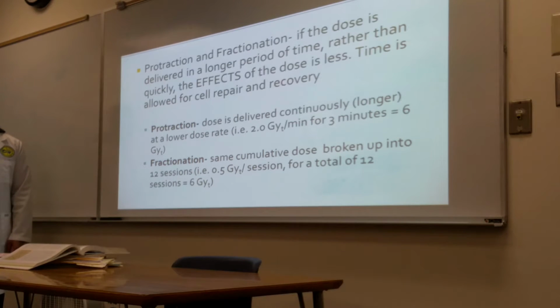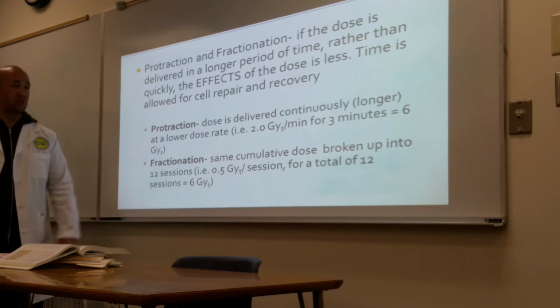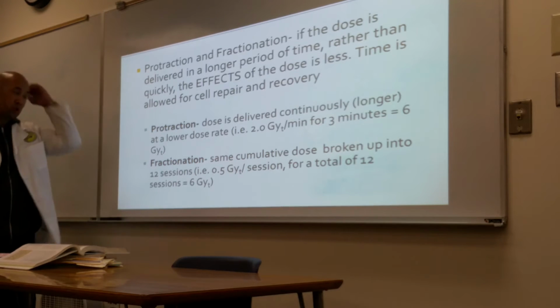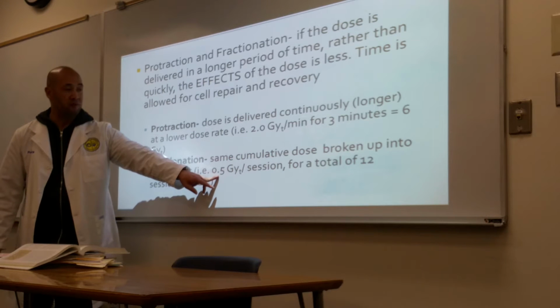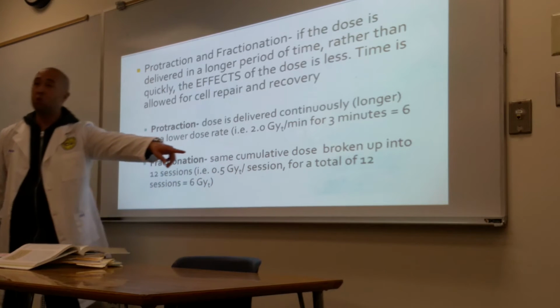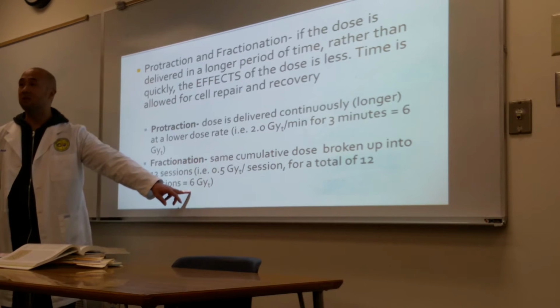So the dose is delivered continuously at a lower dose. Or what I could do now is take that same cumulative dose and break it down into 12 different sessions. So the same cumulative dose broken up into 12 sessions will be, instead of 2, 0.5 times 12 treatments and still going to equal the same.